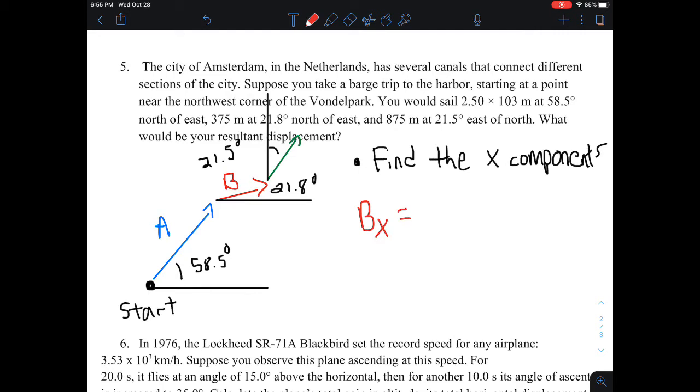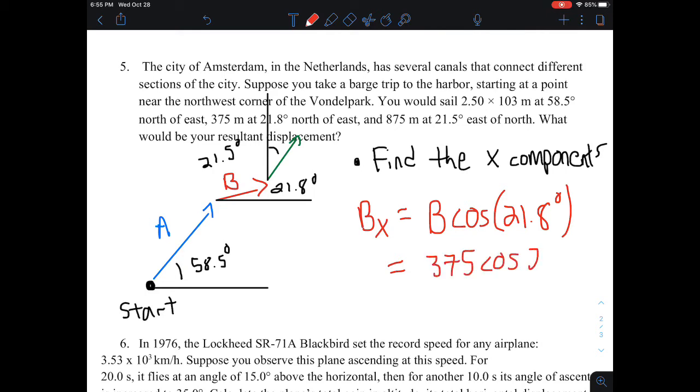So b sub x, or the x component of vector b, is b times the cosine of its angle. Why is that? Well, that's because b sub x will be the adjacent of a triangle made with b, and b is the hypotenuse. So you get 375, that's what b is, times the cosine of that angle, and I'll leave that up to you as well.